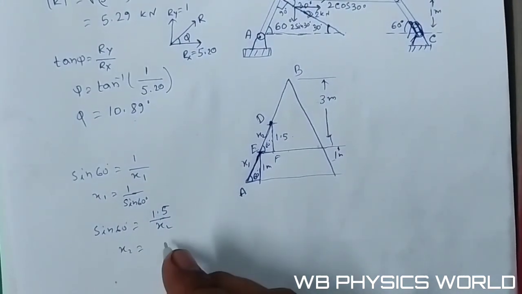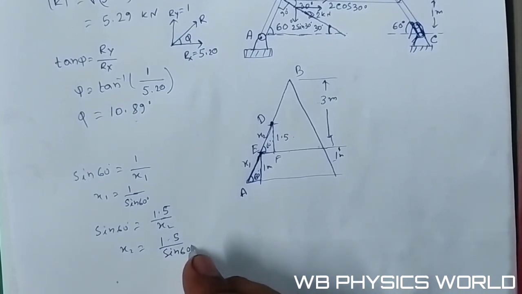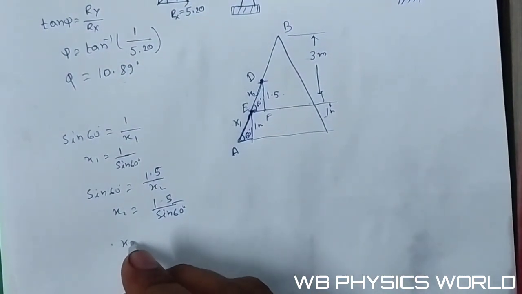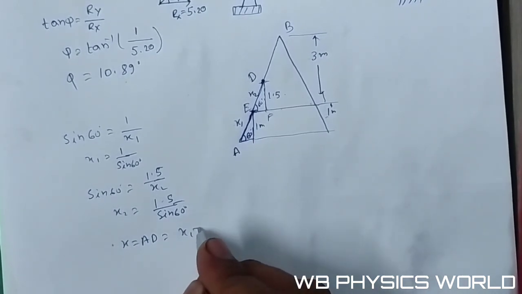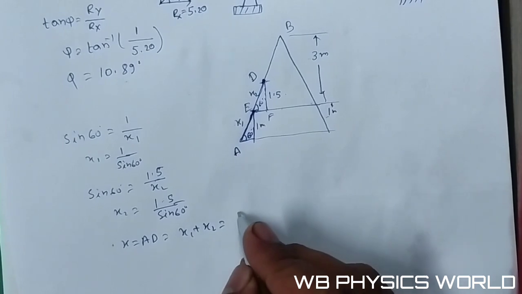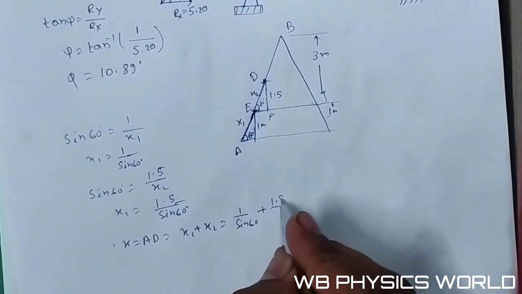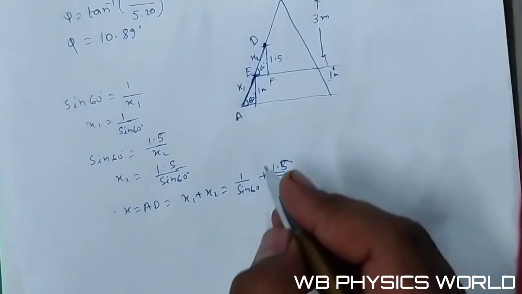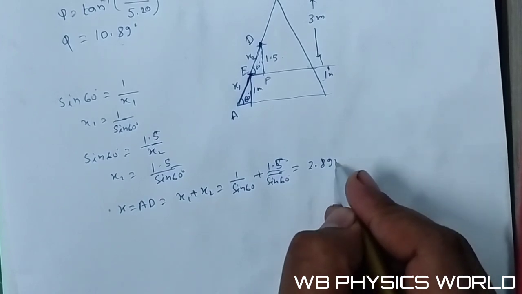So x2 is equal to 1.5 by sin 60. So the total distance AD is equal to x1 plus x2, so 1 by sin 60 plus 1.5 by sin 60, and after calculation this gives 2.89 meter.